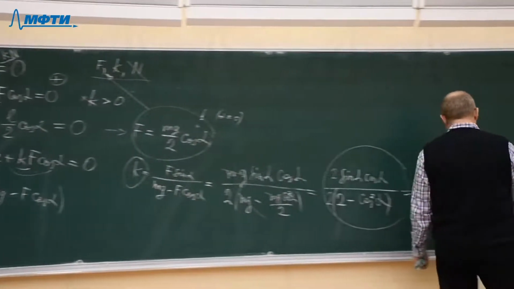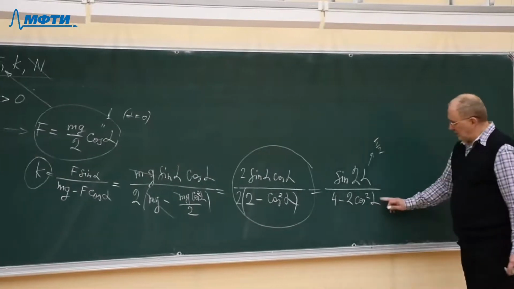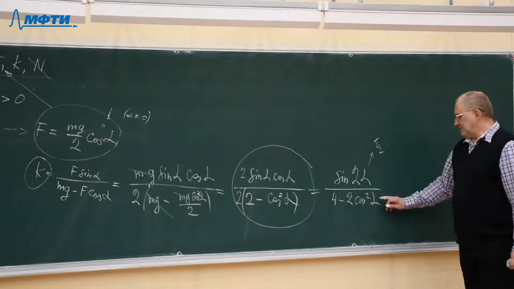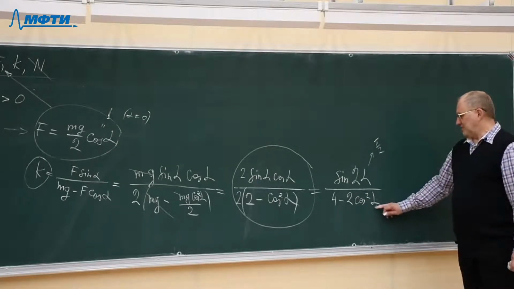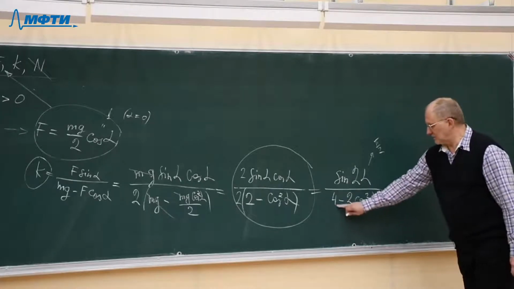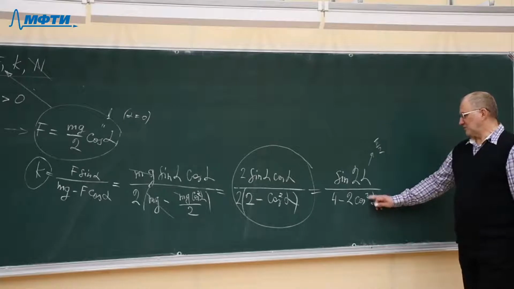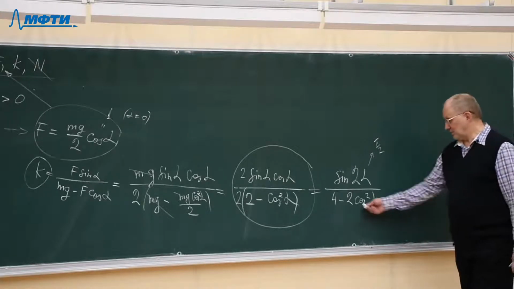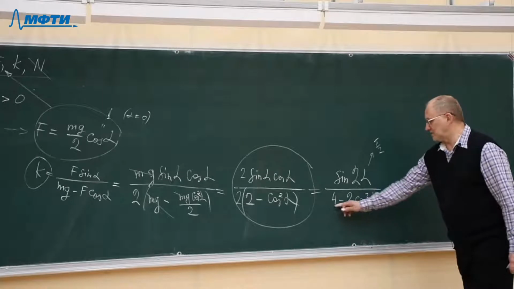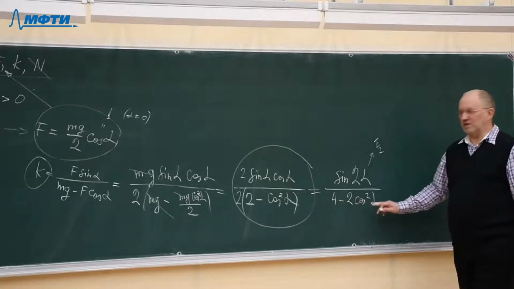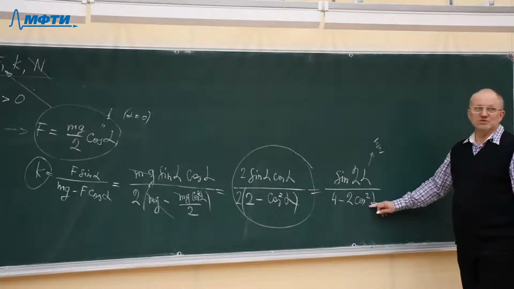As far as cosine squared is concerned, it is 0 when alpha is pi over 2. So in this case, the denominator will be just 4. But the maximum of cosine squared is 1. So the minimum of this denominator will be 4 minus 2. The minimum value will be 2.